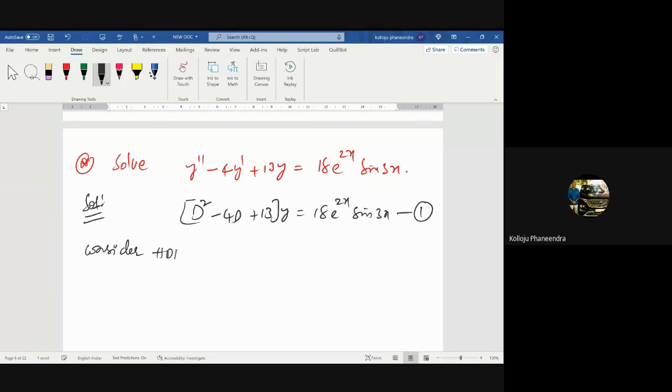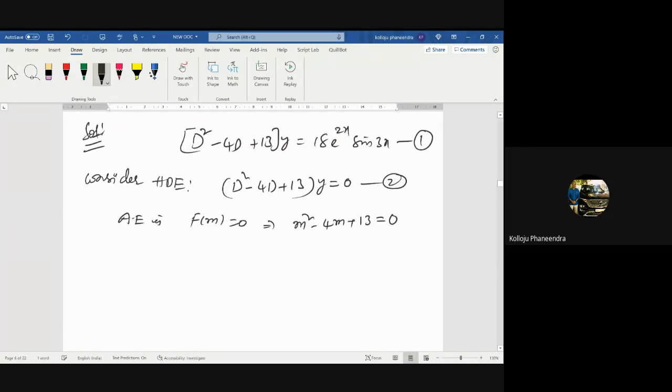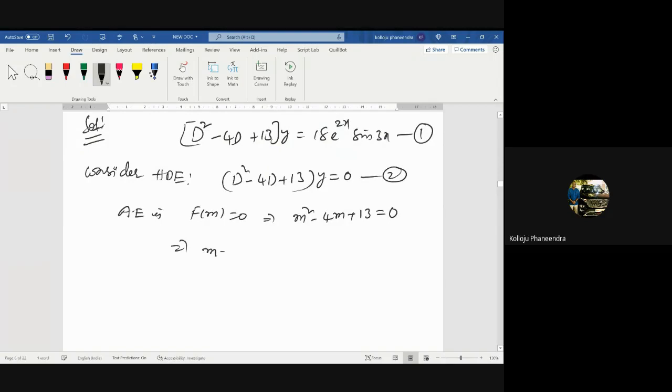What do I have to consider first? Consider the homogeneous differential equation. D square minus 4d plus 13 into y equal to 0. Auxiliary equation is f of m equals 0. M square minus 4m plus 13 equal to 0. It does not factor, so use the quadratic roots formula: minus b plus or minus square root of b square minus 4ac by 2a.